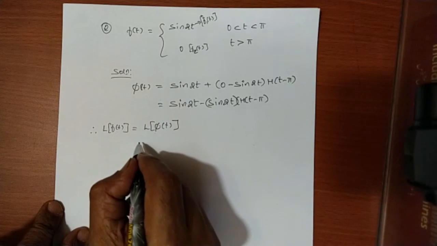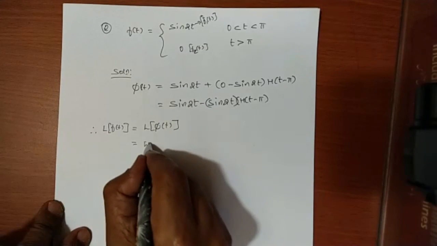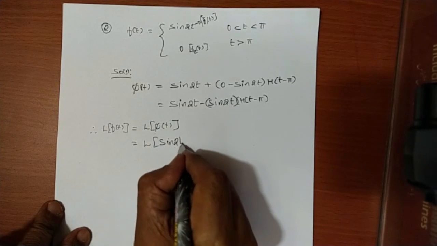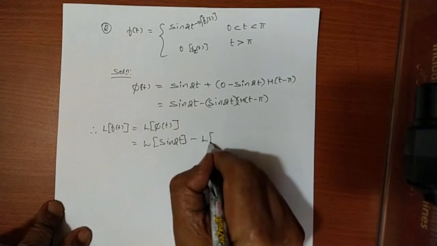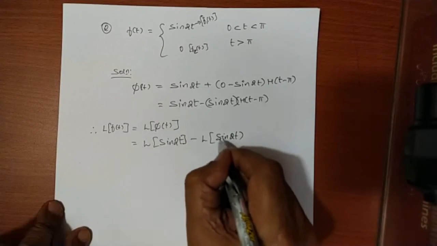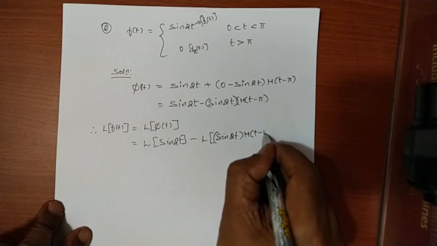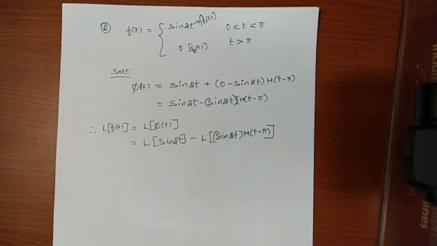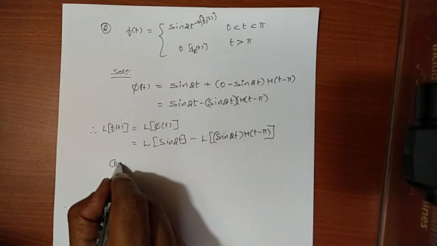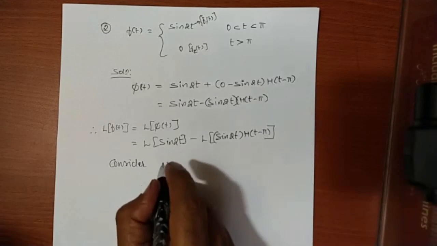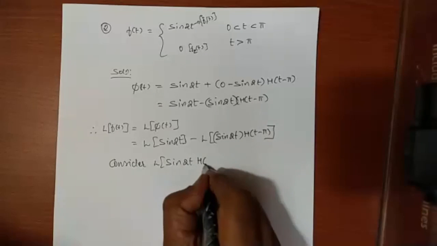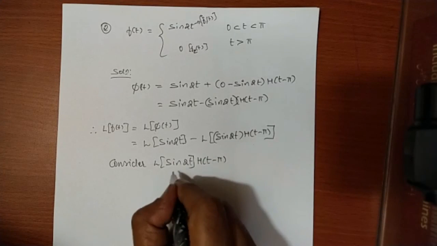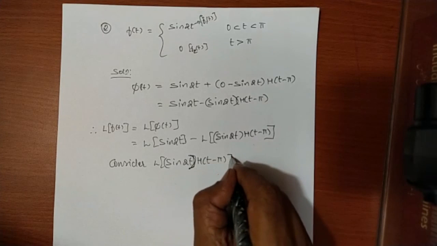That will be equal to L of sine 2t, then I directly write L of sine 2t into h of t minus pi. I think you know how to convert this. So I consider L of sine 2t into h of t minus pi.